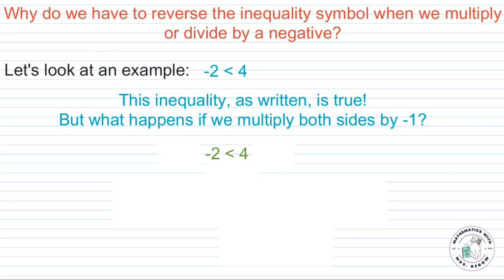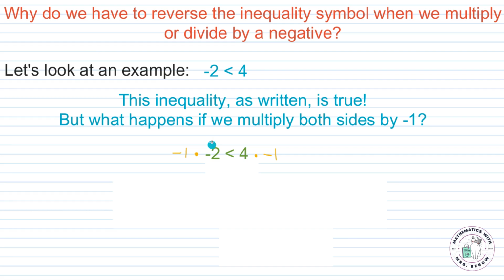Let's take a look at just a simple example. Here we have -2 is less than 4. That's a true statement, right? Negatives are always smaller than positives, so this inequality, as written, is true. But what happens if we multiply both sides by a negative?